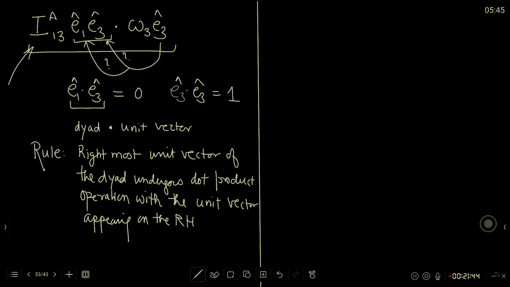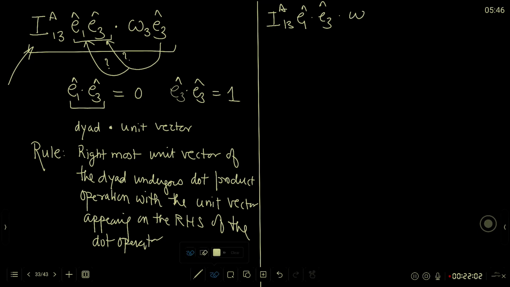Thus, if you come across a term like IA13 E1 E3 dotting with something like omega 3 E3, we have to take the dot product of these two. E1 will survive and just remain there.